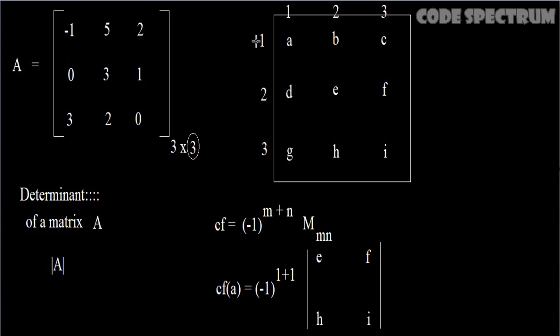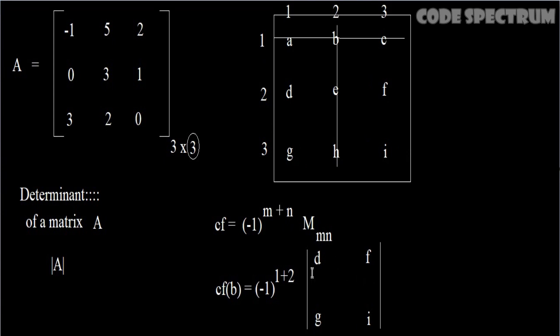So m is 1, n is 1, placed in this formula here, and the minor of 1,1 is equal to EI minus FH. Why? Because I have cancelled out the row number and the column number for A. Similarly for 1,2, which is B, we can check the cofactor for B like this.